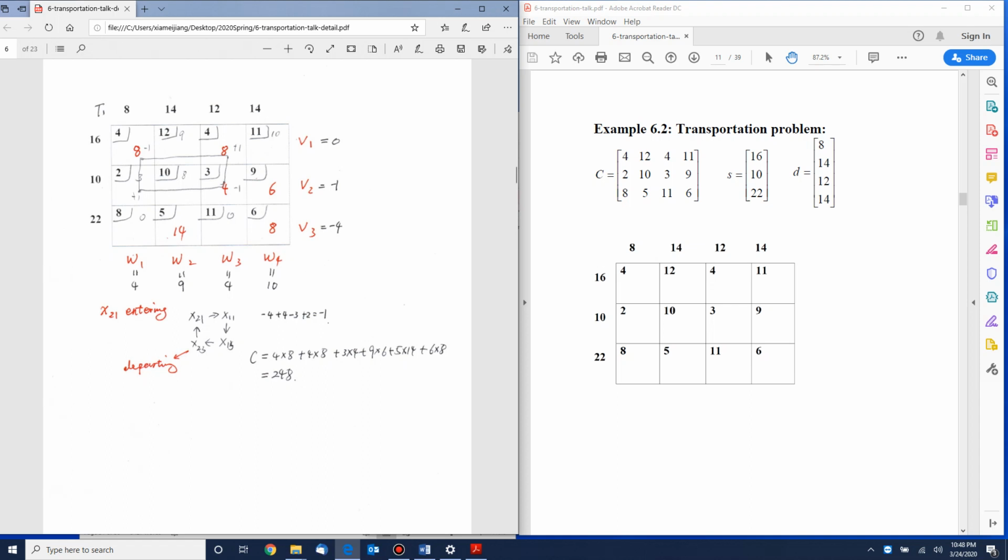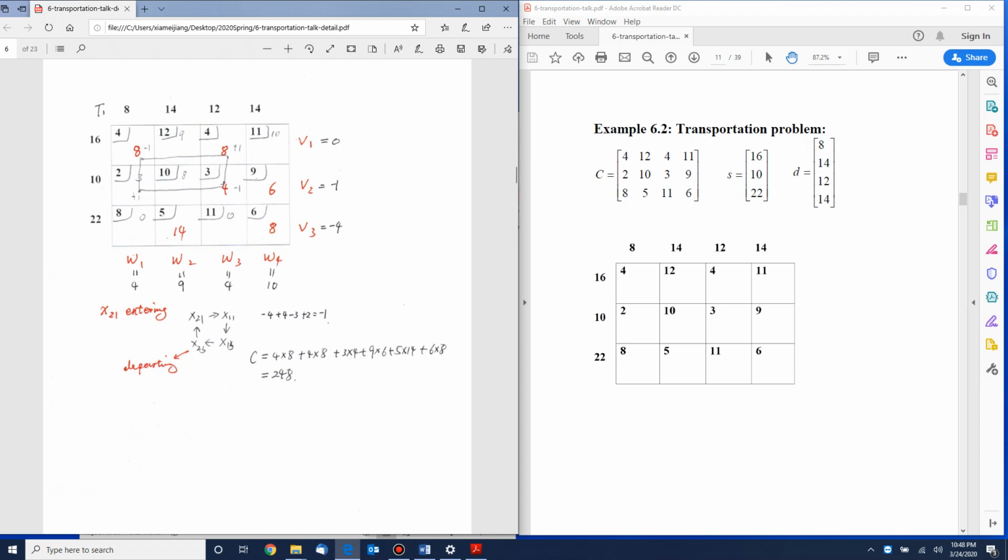Once we put the 14 in cell 32, then in this row we have 8 left, and this 8 we can put into market 4, right? So put it into cell 34. Now we have finished our first tableau 1.